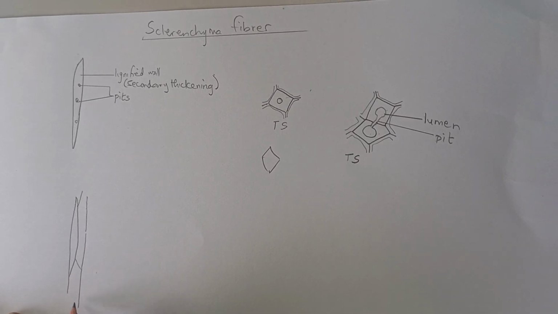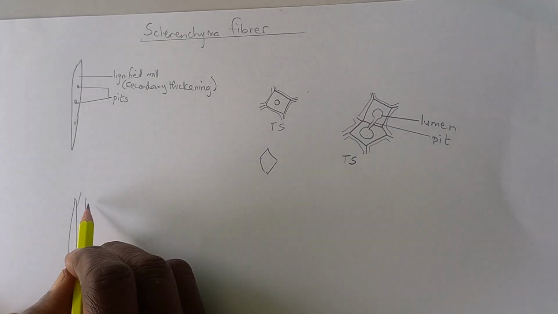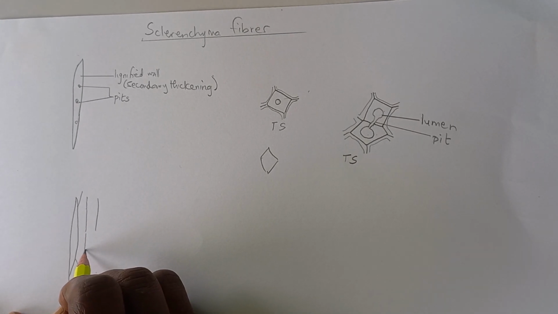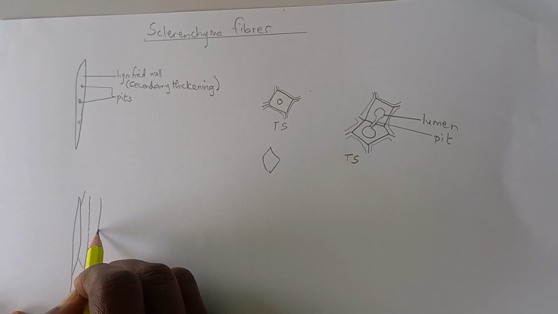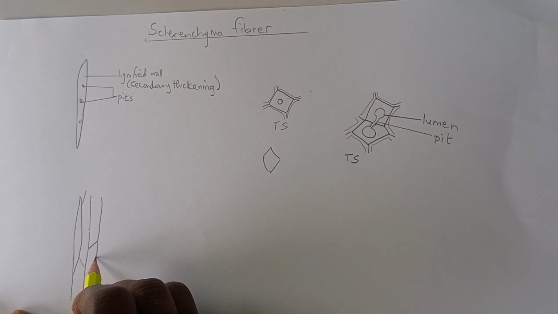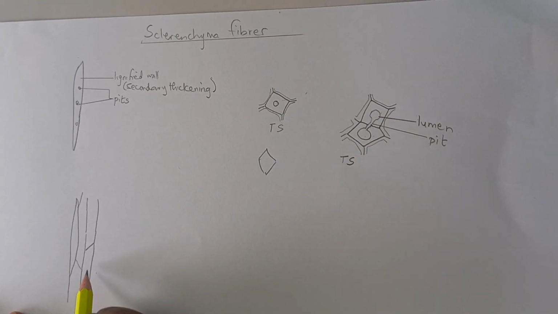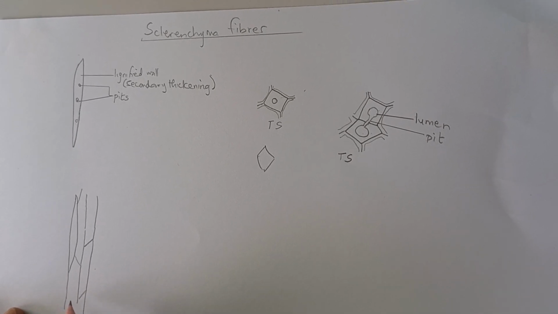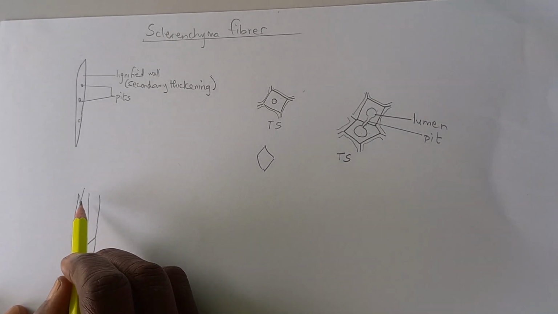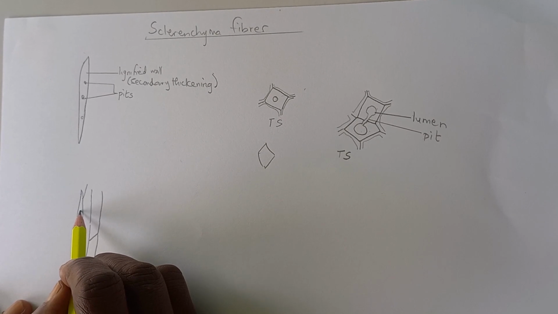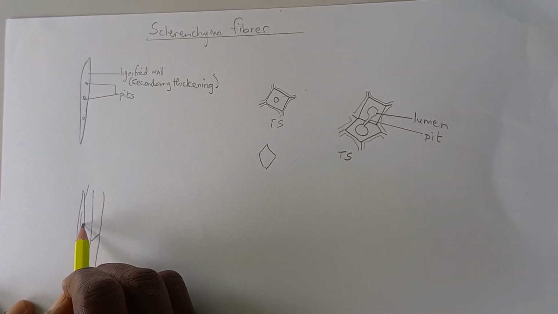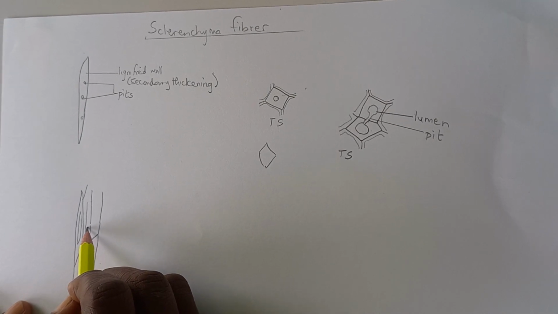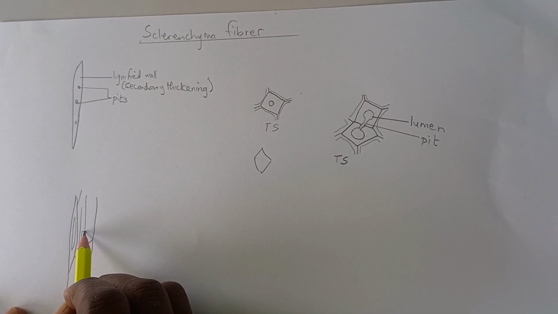So we have another cell here, and we have a cell, a fiber here, and let's say we have only these. Now we are going to put in the lumen, but remember there's a pit here.